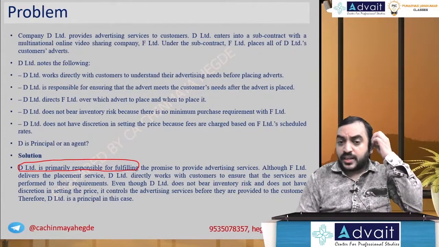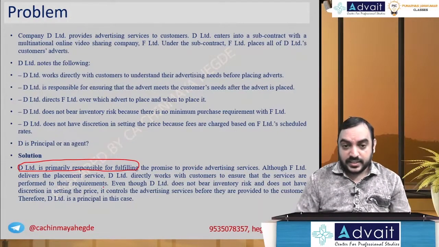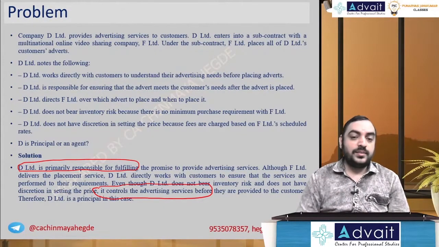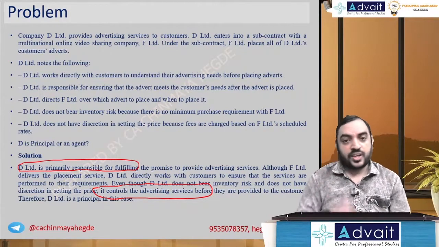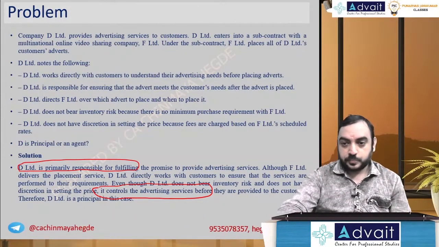Even though D Limited does not bear any inventory risk and does not have discretion in setting the price, it controls the service before it is provided to the customer. Therefore, D Limited is a principal and not an agent. Okay, I'll go further.